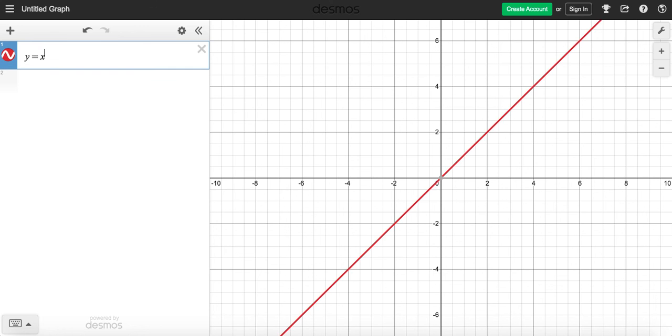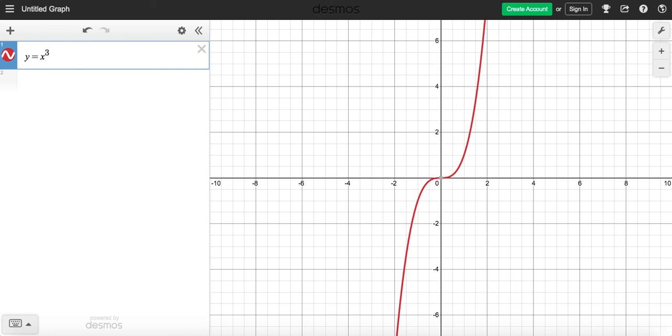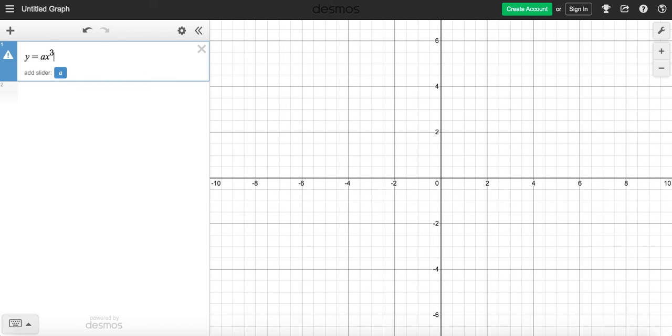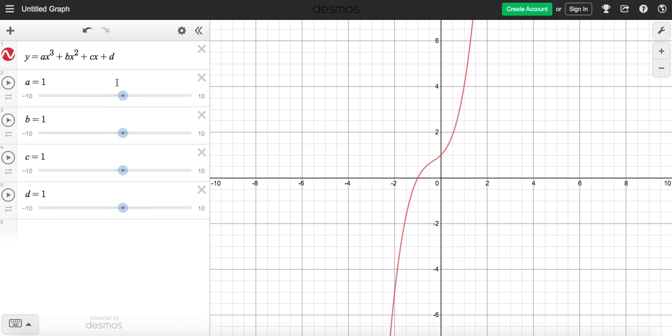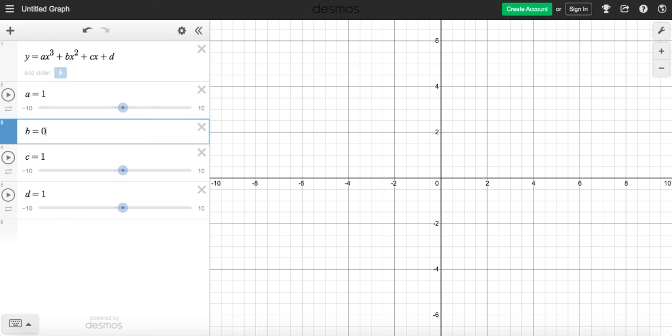Now, look at just our basic cubic function. And I'd like to add some sliders to this. So, let's add all of those in.